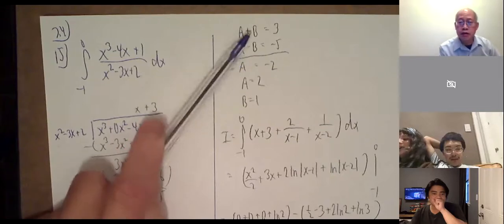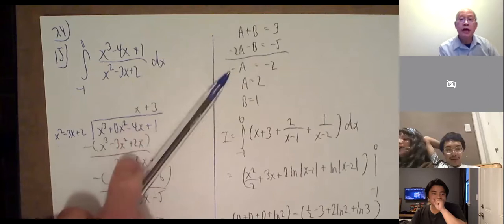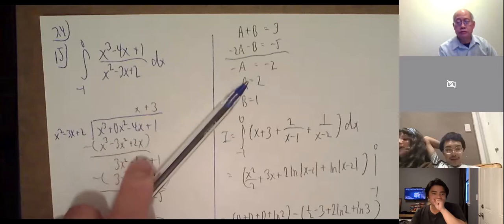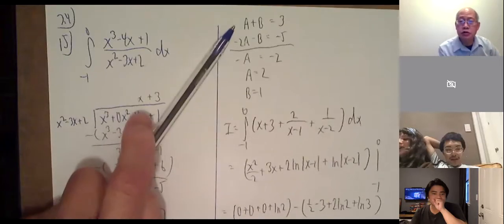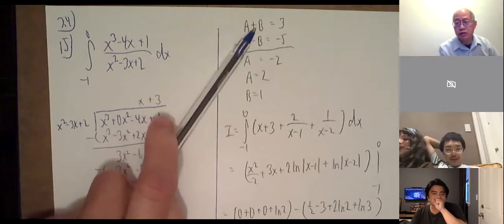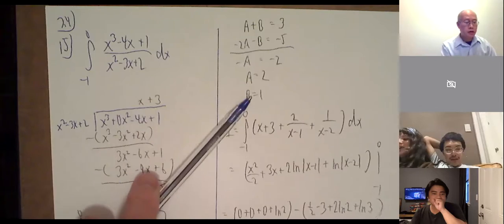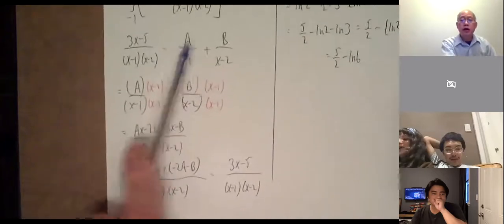So just add straight down. B's are gone. Negative A equals negative 2, which means A equals 2. And plug back here. If A is 2, then 2 plus B equals 3, so B equals 1. So I found my A and B are 2 and 1.